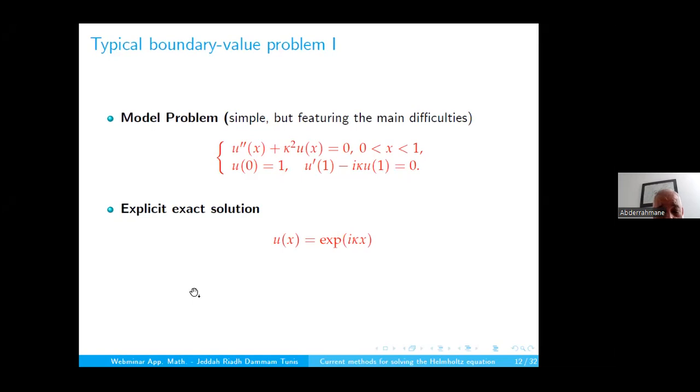So I suppose that I am in one dimension and normalize the length of the domain. And I assume that the coefficients are constant. And I obtain this very simple problem, but it features the main difficulty of the solution.